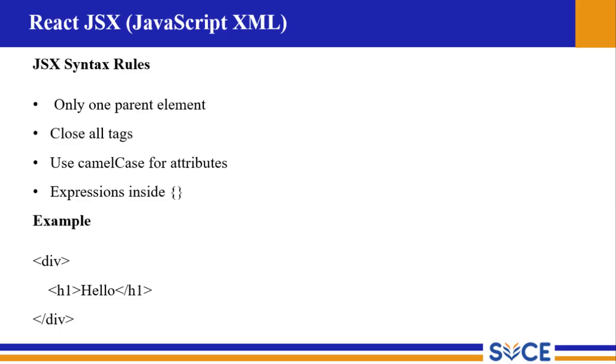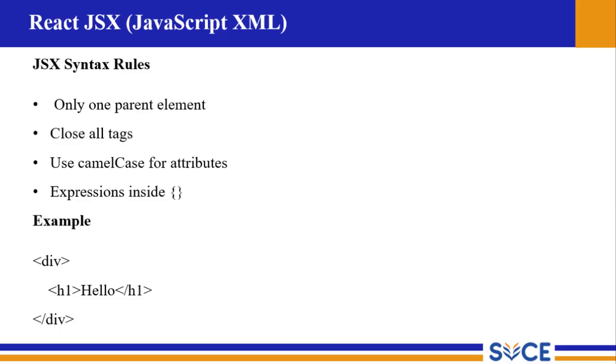Although it looks like HTML, JSX is actually JavaScript with an HTML-like syntax. Therefore, we must follow certain rules while writing JSX code. If these rules are not followed, Babel will not be able to compile the code and React will display compilation errors. Let us discuss each rule one by one with examples.